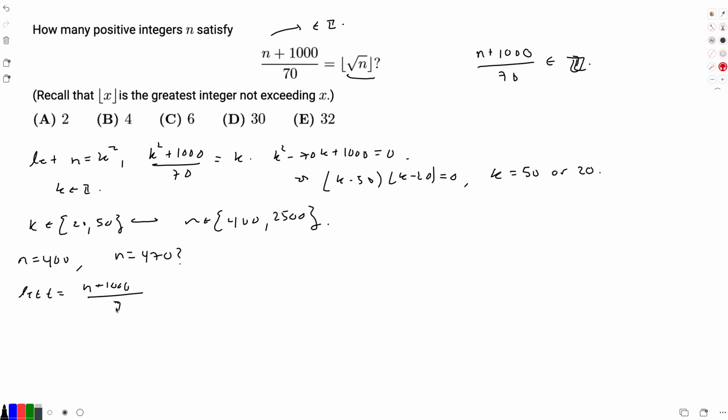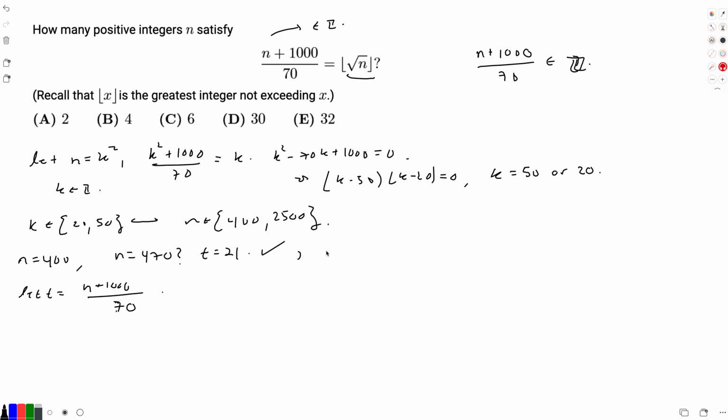When n is 470, we are taking the 20 and adding 1, so t is equal to 21. So we get 21 on the LHS. What's happening on the RHS? We know that 21 squared is 441 and 22 squared is 484. Therefore, flooring the square root of 470 gives 21. So this matches, and we found another value of n.